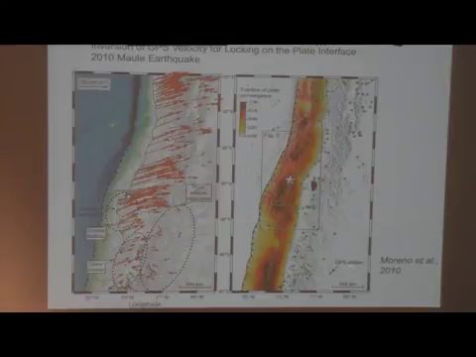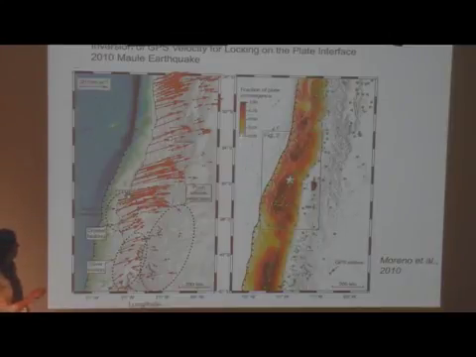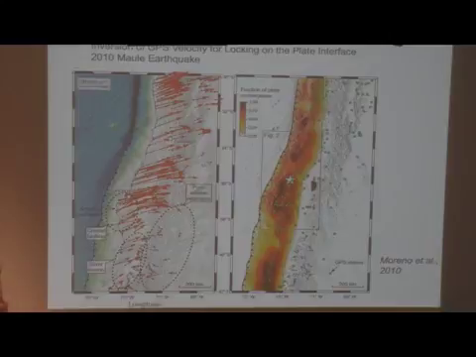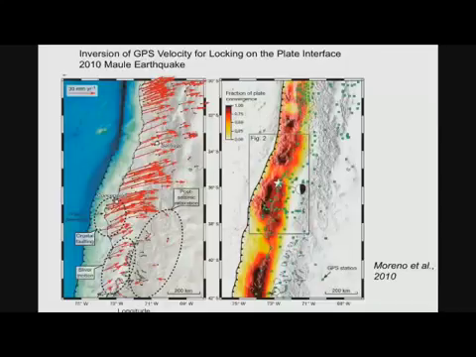And these authors, Moreno and others, inverted this distribution for this distribution of locking. So black is the plate interface is not moving at all. It's dragging the upper plate with it as it moves at the plate rate down to the lighter yellows and the white, which are just freely slipping.